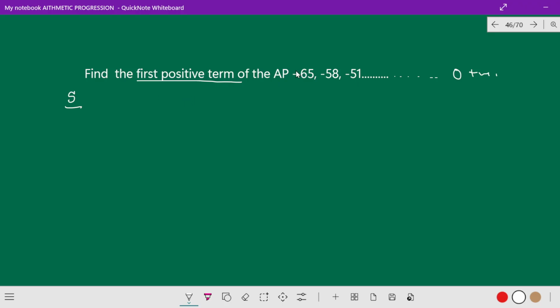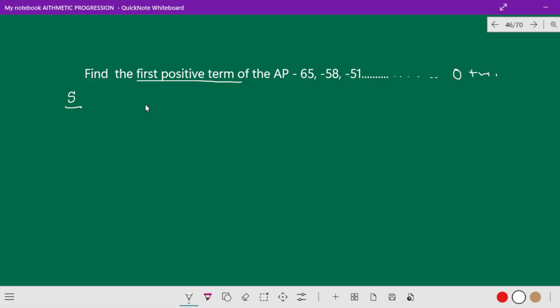First, according to our AP, let us write down all the details: the first term and the difference, which we are going to find.